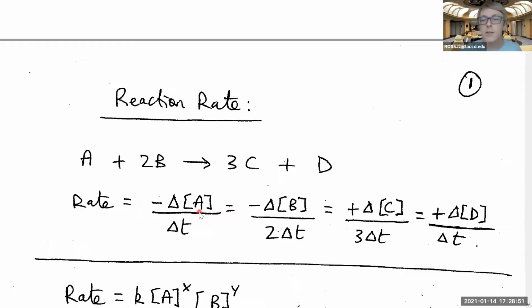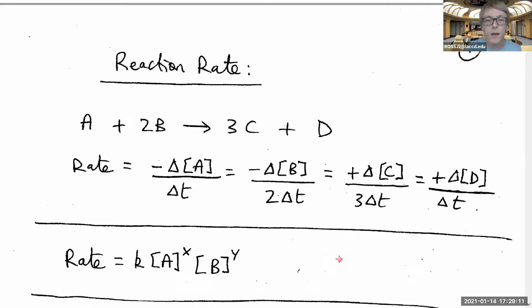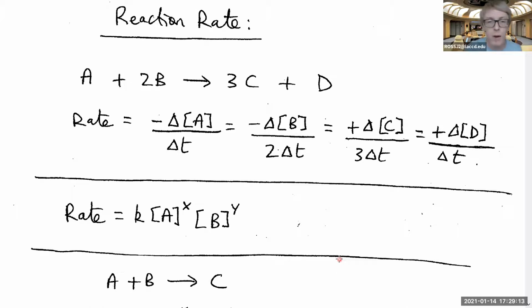For products C and D, we have a plus sign. Because we have three molar coefficients of C, we have a 3 delta T in the denominator. And again, one molar coefficient of D, we have 1 delta T in the denominator here. Okay, so that's our rate expression.